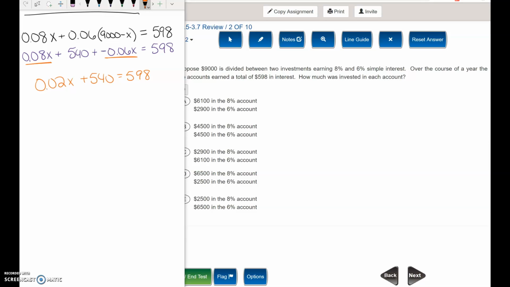Subtract the 540 on both sides. That's 58. And then we need to divide by the 0.02. And I get x equals 2,900.